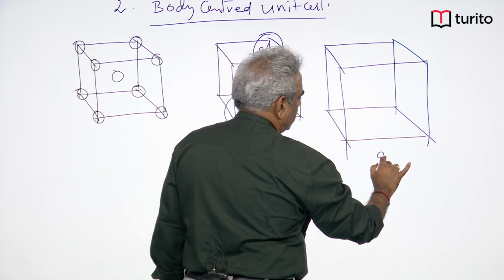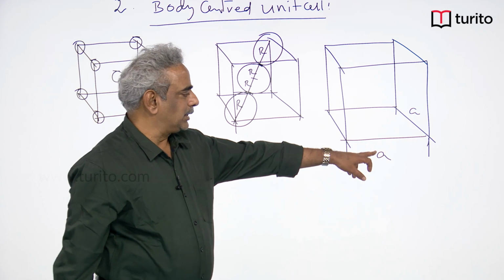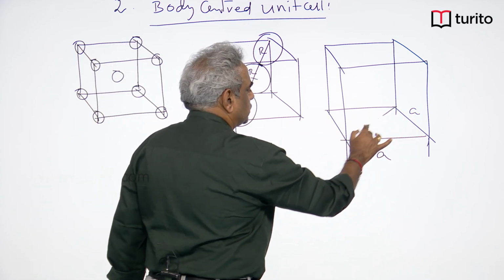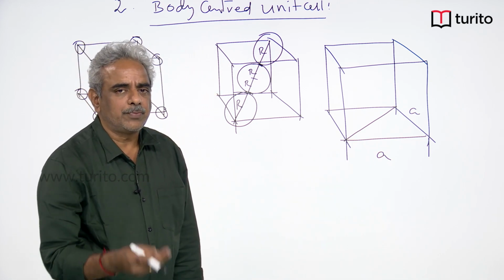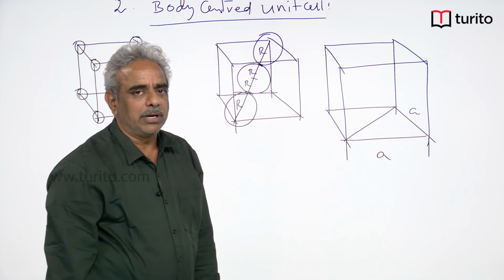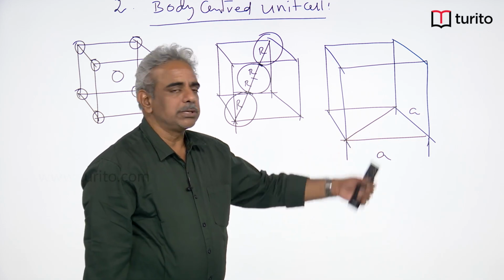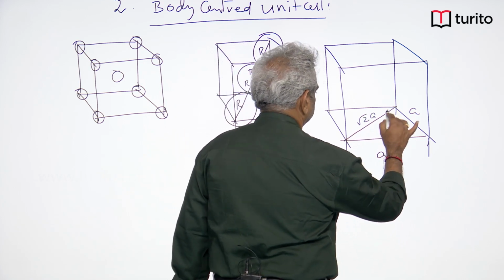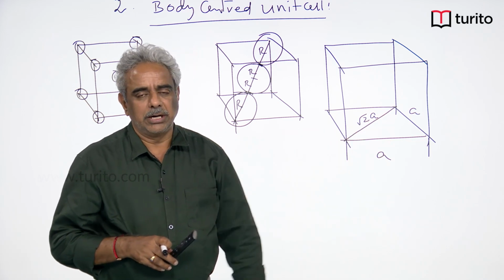See, this length is A and this length is A. What is the length of this face diagonal? Using Pythagoras theorem, A square plus A square is the square of the length. So, 2A square. So the length is root 2 A, the length of the face diagonal.